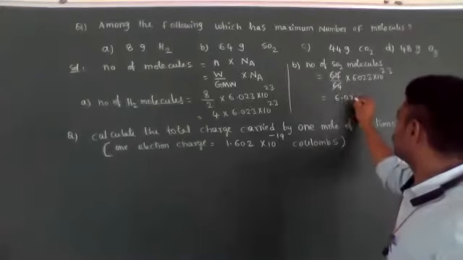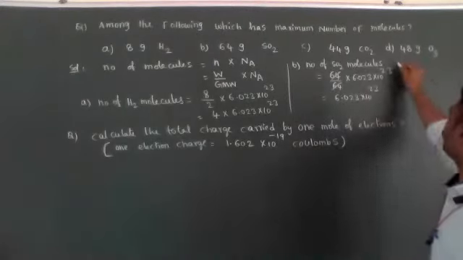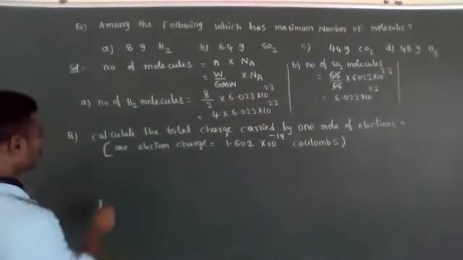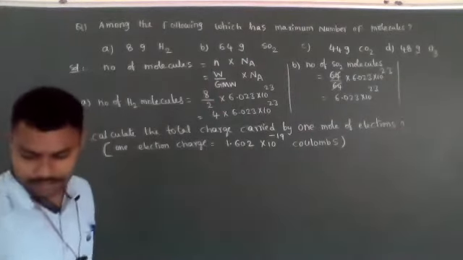The answer is 6.023 into 10 to the power of 23. In the same way, you have to do options C and D.